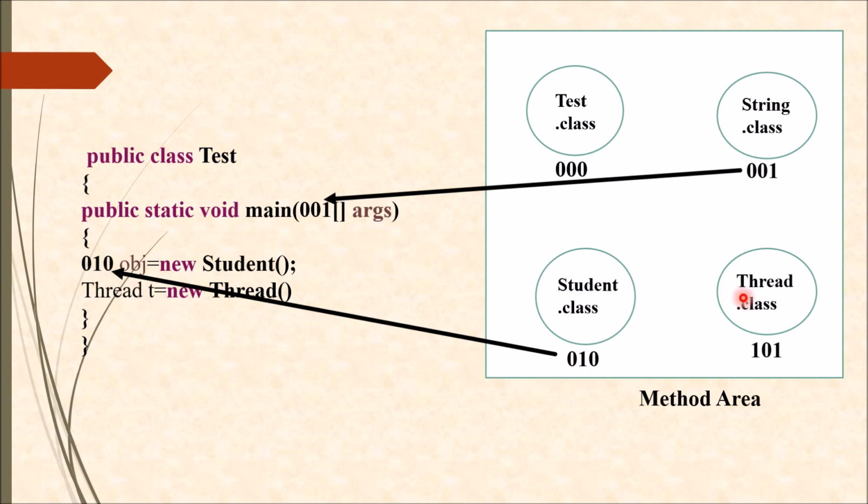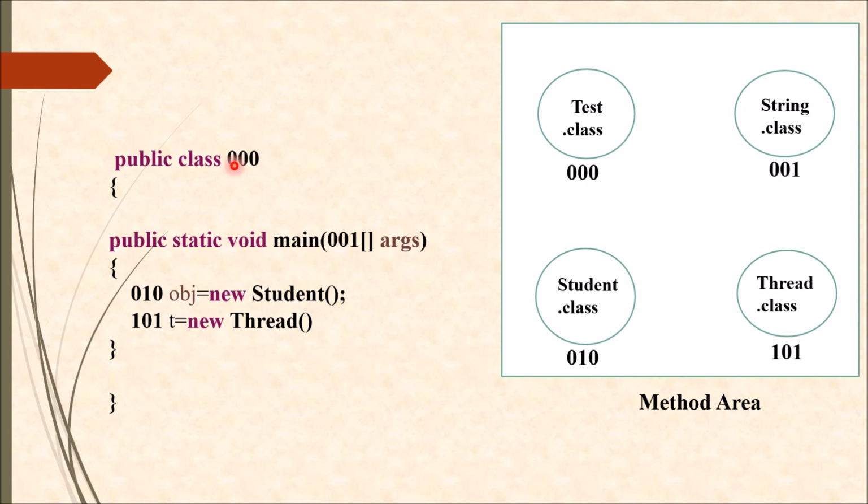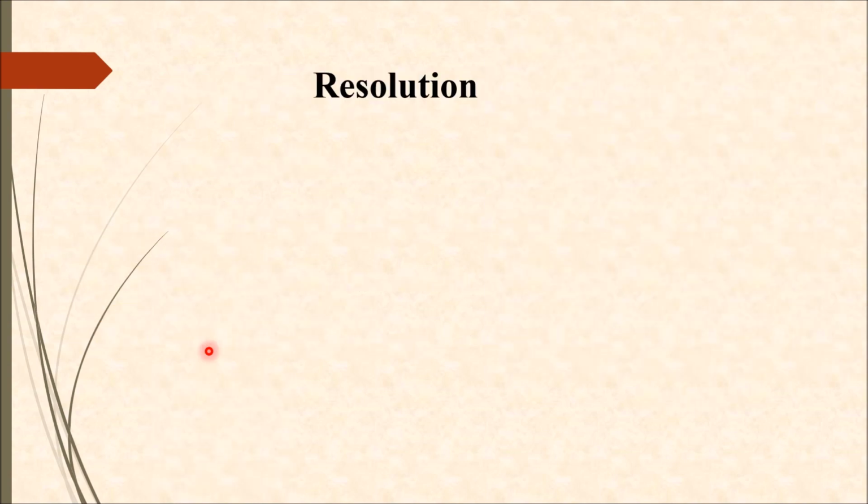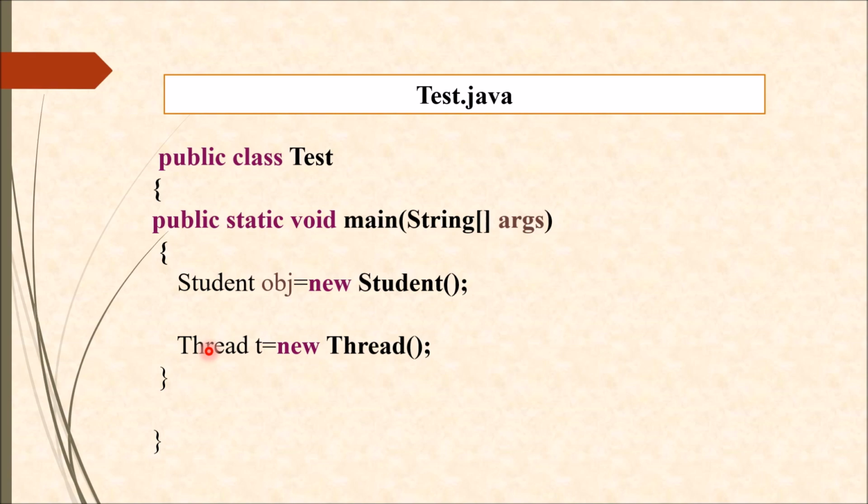Similarly, the Test symbol is replaced by its actual memory reference, 000, and Thread is replaced with 101. So this is the main activity: replacing the symbols which represent our classes with the actual memory references. This is the main task performed by the resolution phase.